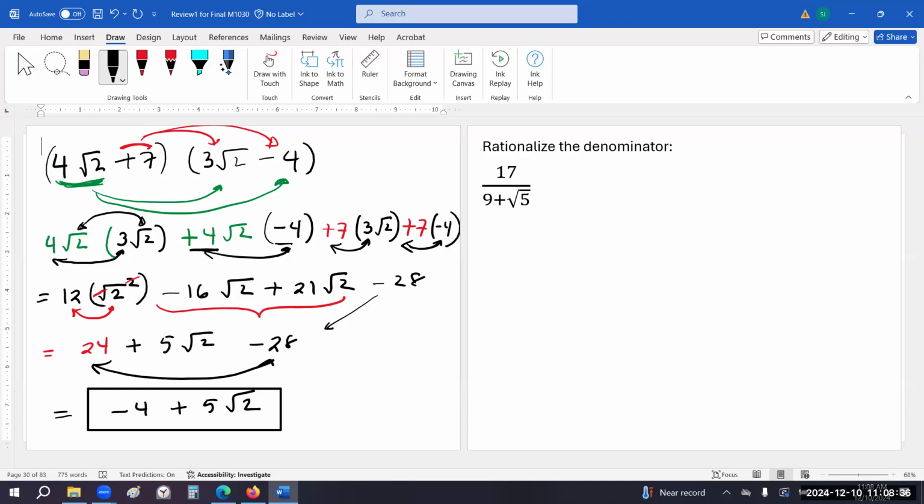Okay, rationalize the denominator. What do we use to rationalize? We want to get the denominator to be a whole number. Our goal is to get rid of the square root. So what do you do? Multiply by the conjugate. What's the denominator's conjugate? 9 minus square root of 5.